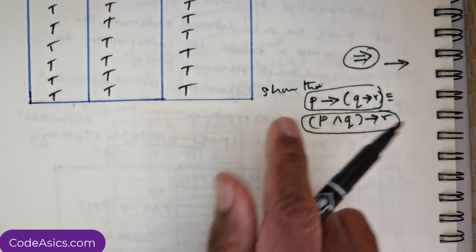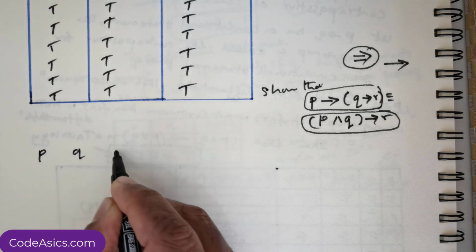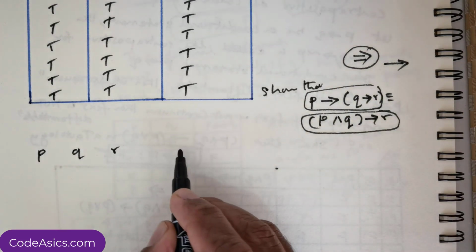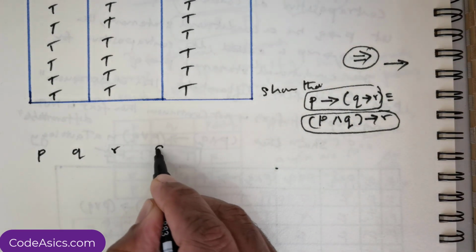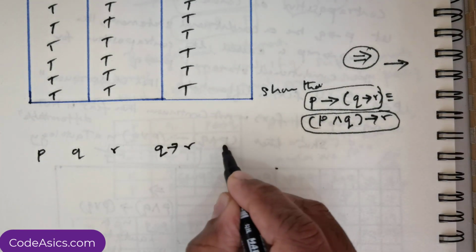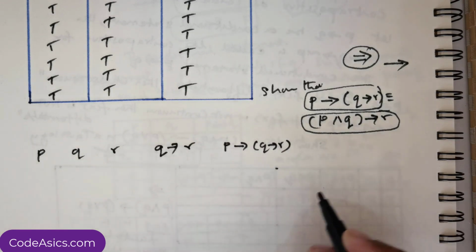Now we got three components. I will just show you how to obtain P, Q and R. And then you have Q conditional R, write that down. And then you have P conditional of Q conditional R, write that down.